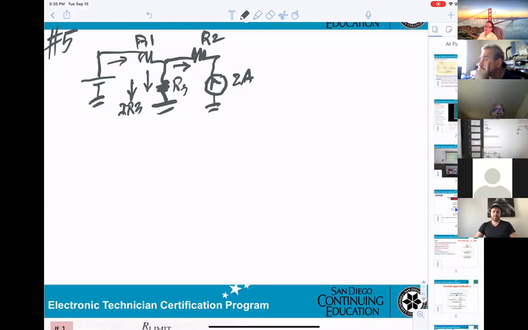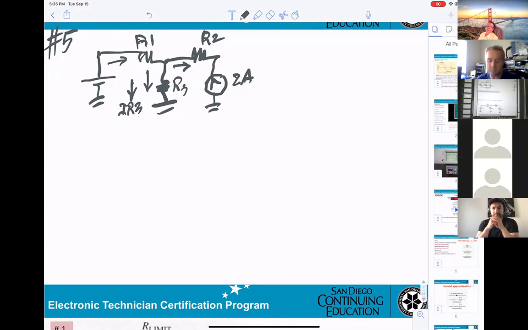Now, in order to do it, if you want to remove the current source, what is the requirement? Like yesterday, we already said, you remove the current source, you must make it open. You remove the voltage source, you must make it short. So now I'm talking about removing the 2 ampere.